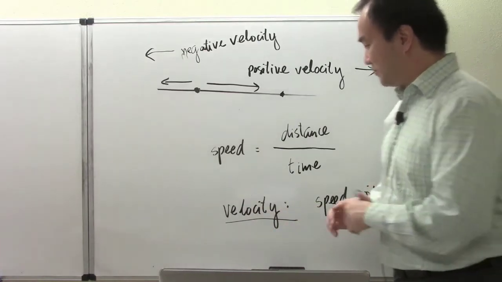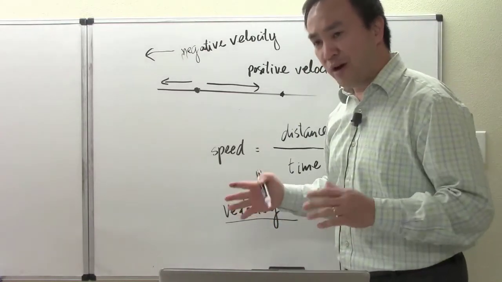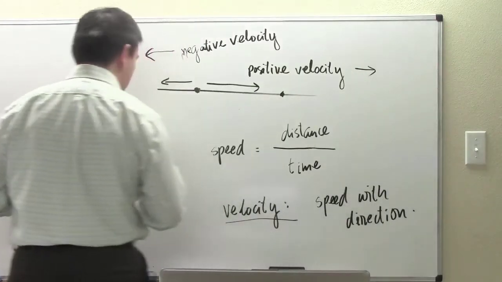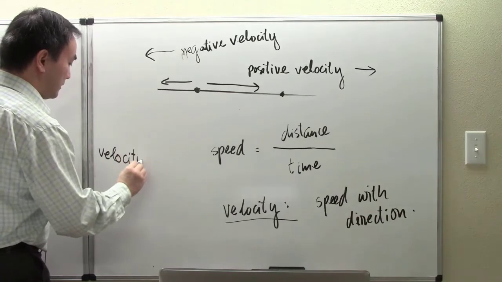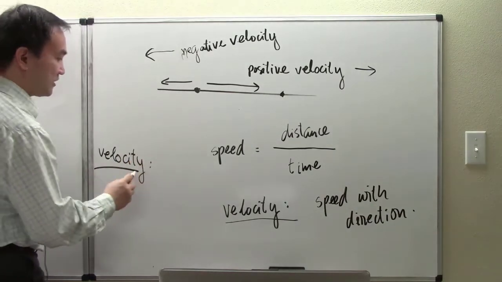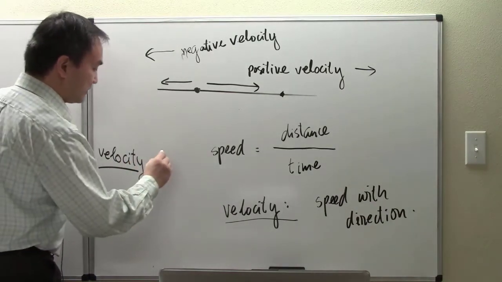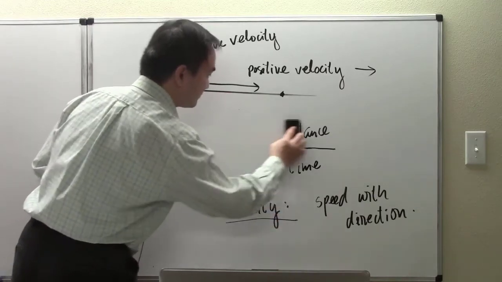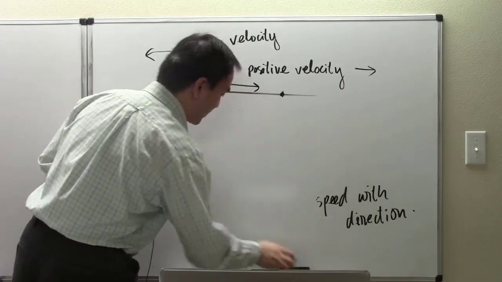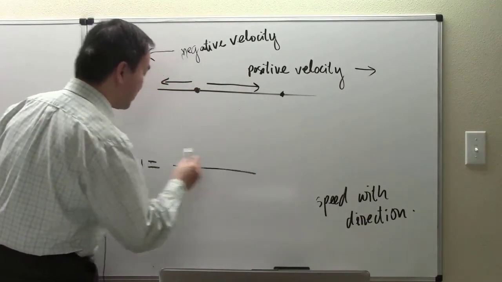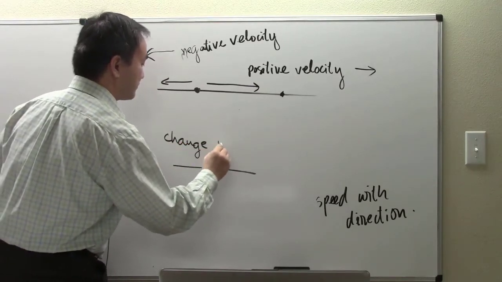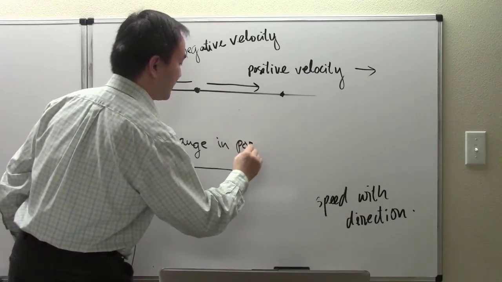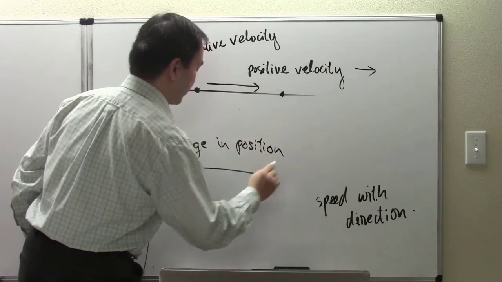As a mathematical quantity, velocity has a precise definition. I'm not going to stay with distance over time anymore, but we're talking about change in position over change in time.